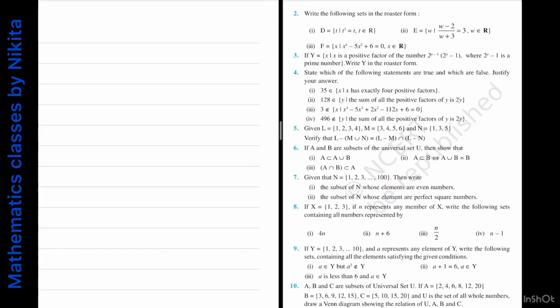Now let's see question number 4. Question number 4 says that state which of the following statements are true and which are false and justify your answer. So you have to justify your answer. The first one says 35 belongs to all those x such that x has exactly 4 positive factors.